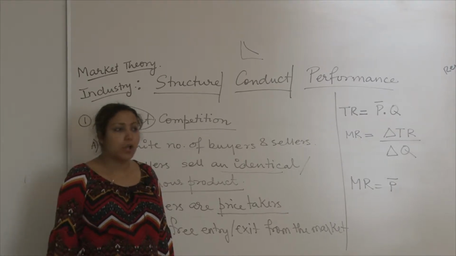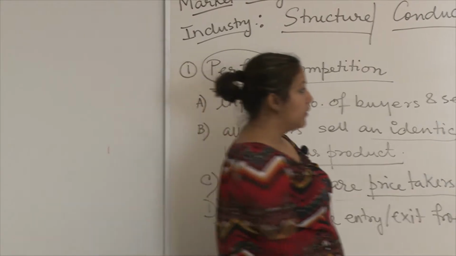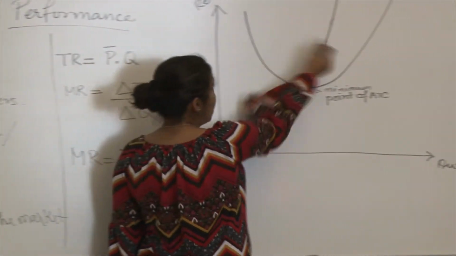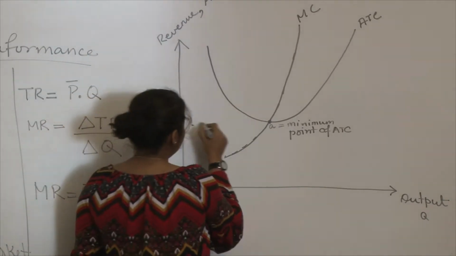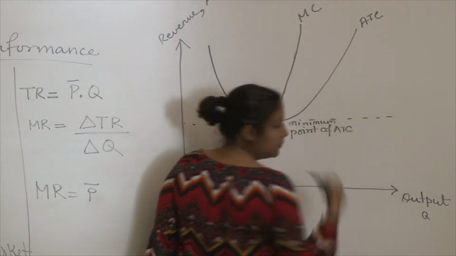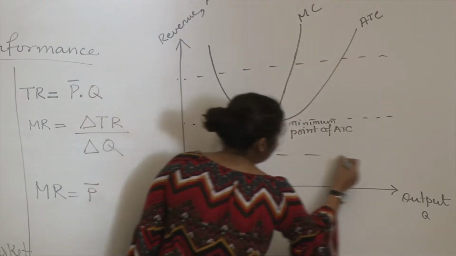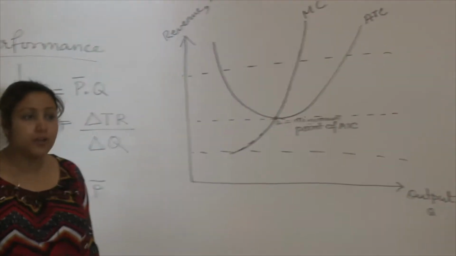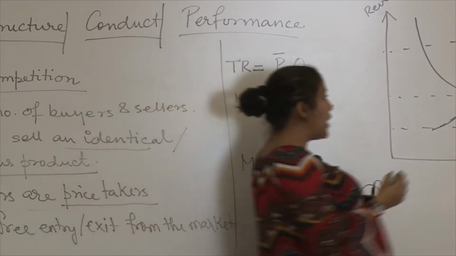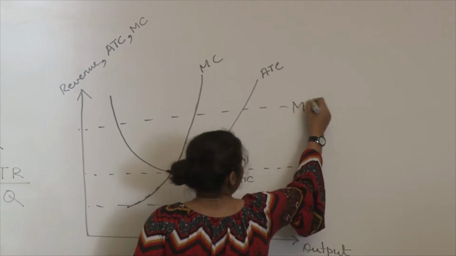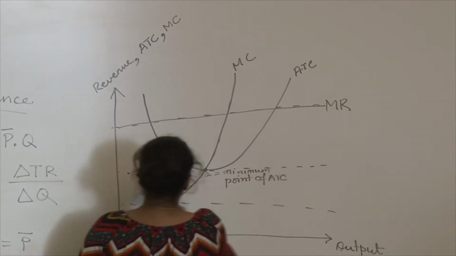Matt? Horizontal. It's a constant fixed number, and that number can be anywhere, right, based on where the price level is. It could be here, it could be there, depending on whatever the price level is, whatever that number is, correct? But always for that line, this will be the marginal revenue curve, which is a horizontal line.